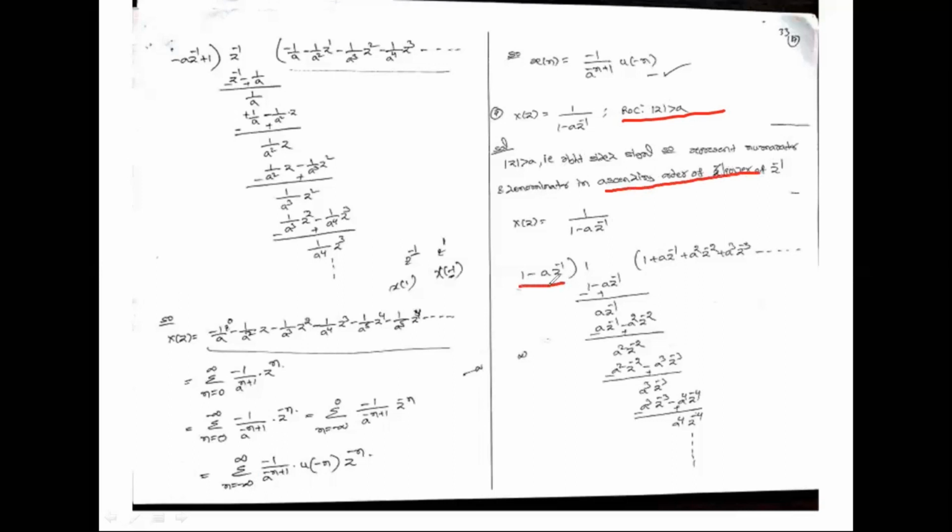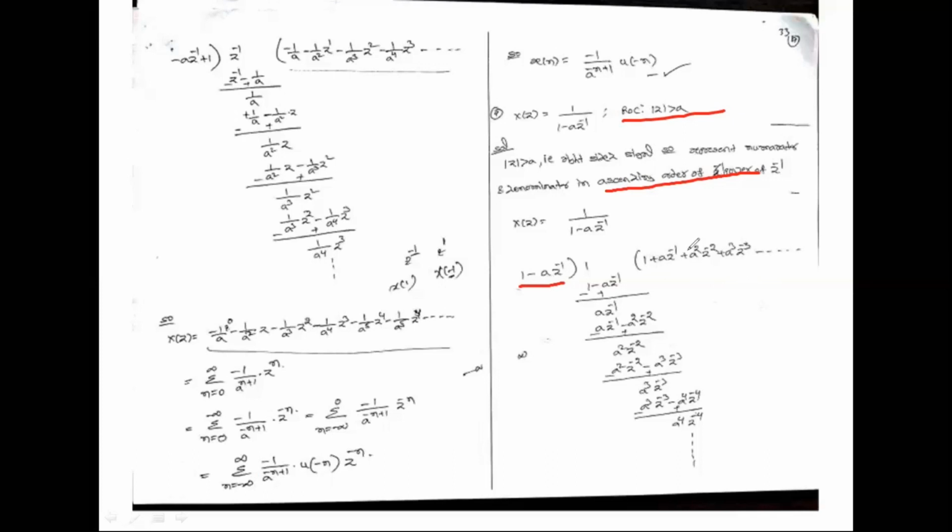In ascending order of the powers, we divide 1 by 1 minus A Z inverse and add all the values. Here the coefficients are the negative powers of Z only, because the ROC is greater than A. The coefficient 1 is nothing but Z power 0.